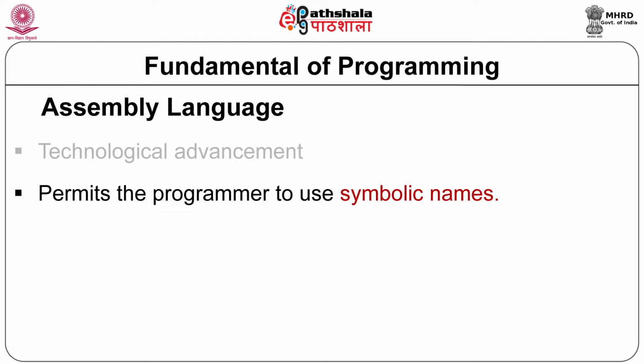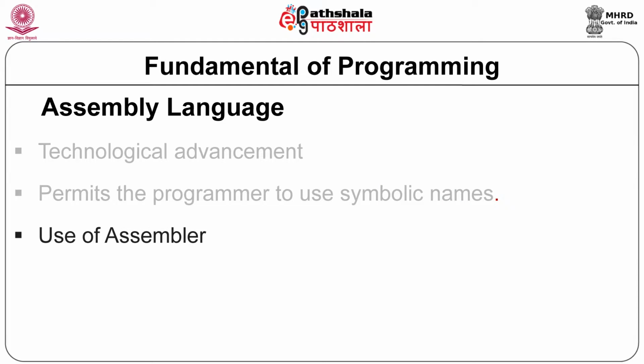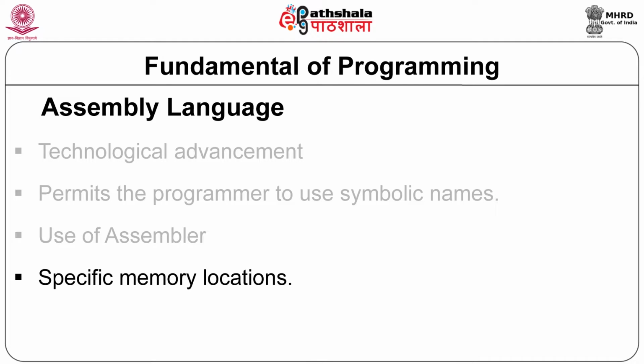Higher level language meant that a program could be written in a language that is machine independent. A special program known as an assembler helps in translating symbolic format into machine instruction format.